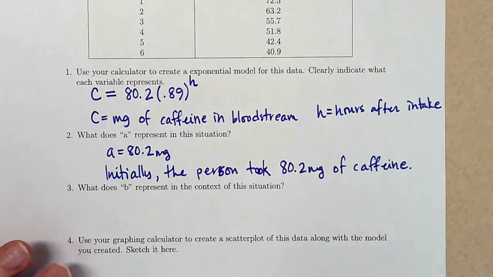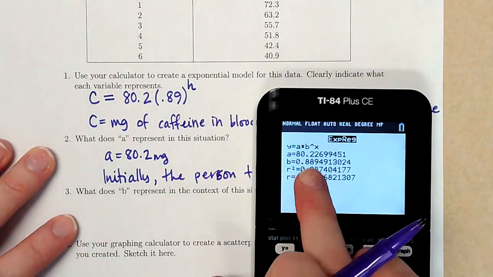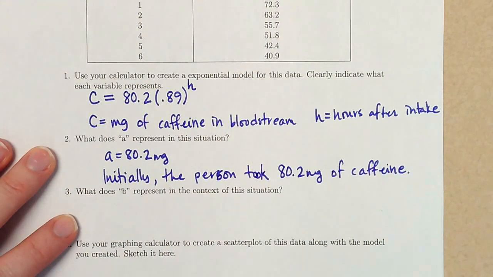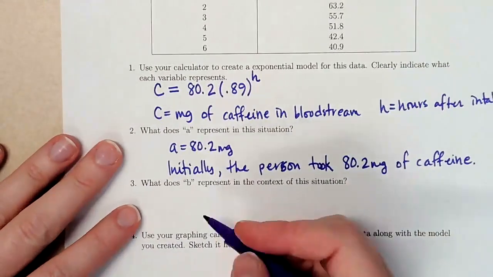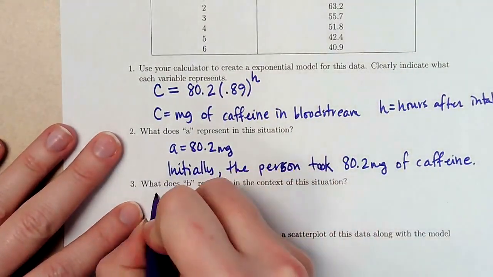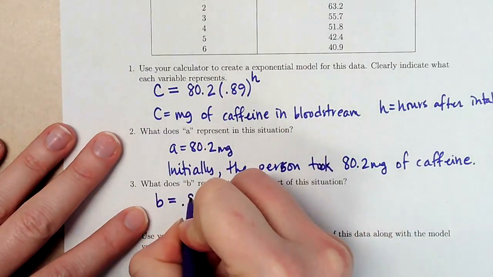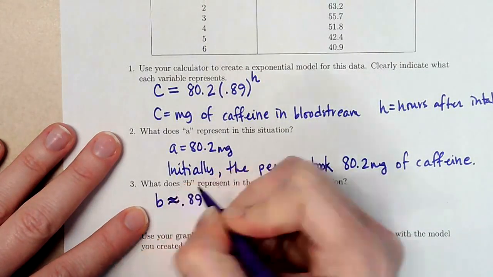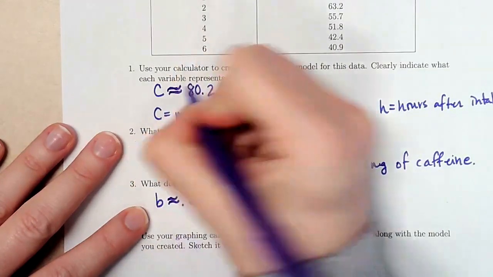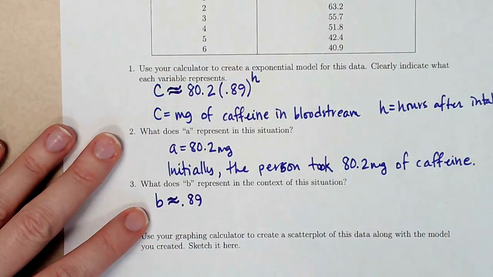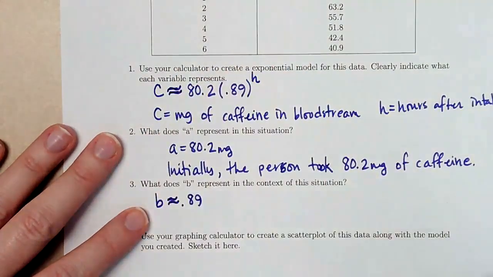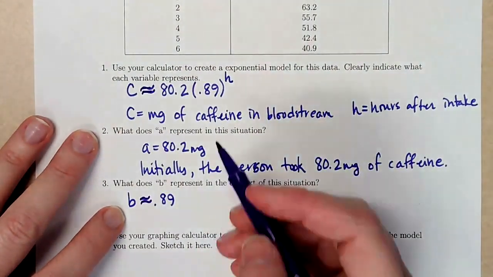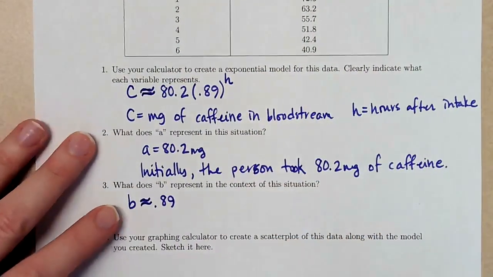What does B represent? B for base. The B is the 0.89. It's an approximation, so let's change that to an approximation. We'll keep those as equals, but really we would be computing approximations.